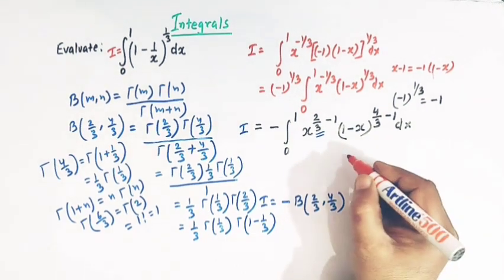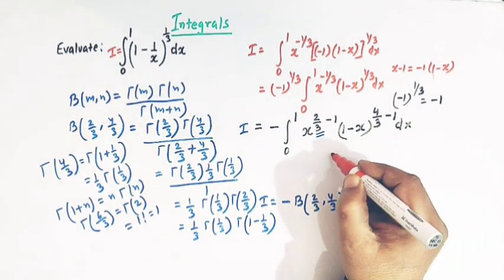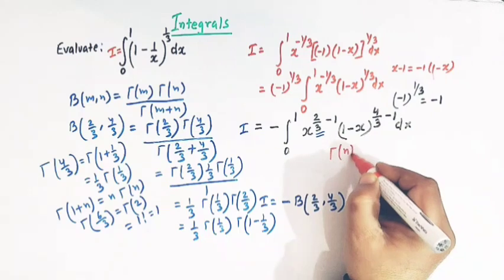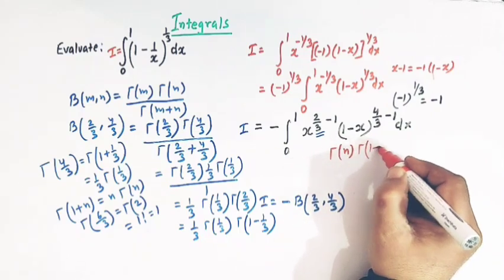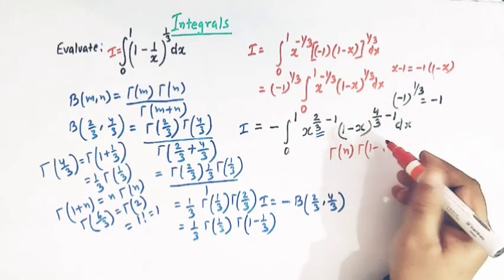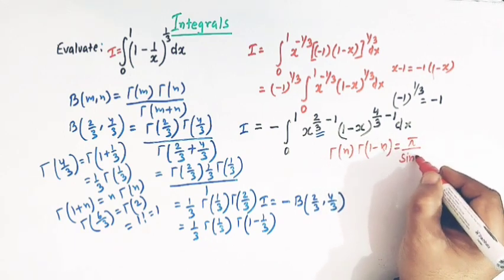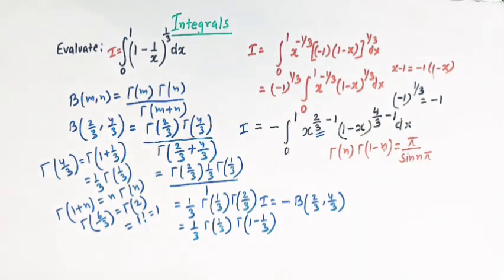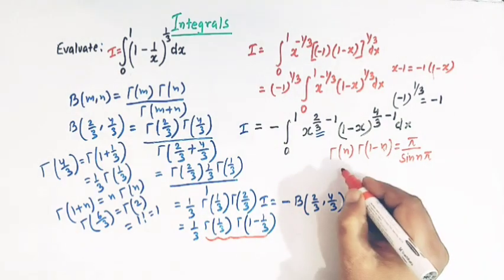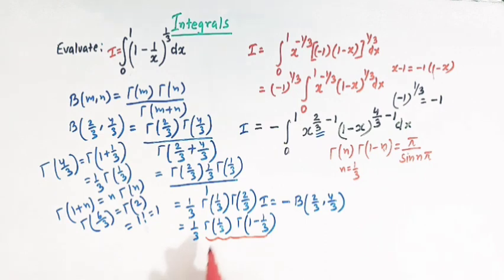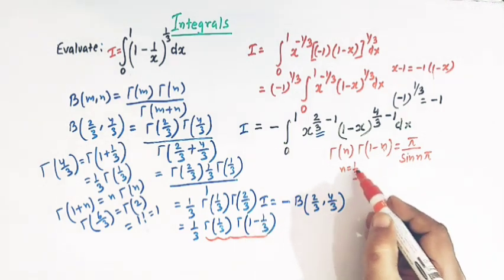Using Euler's reflection formula, which says that gamma of n times gamma of 1 minus n is equal to pi divided by sine n pi. Now here we have gamma of 1 over 3 and gamma of 1 minus 1 over 3, so the value of n is 1 over 3.